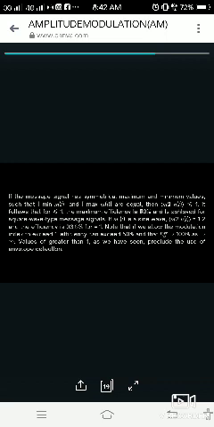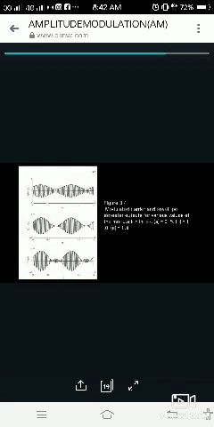Values of a greater than 1, as we have seen, preclude the use of envelope detection. The modulated carrier and envelope detection outputs for various values of modulation index.